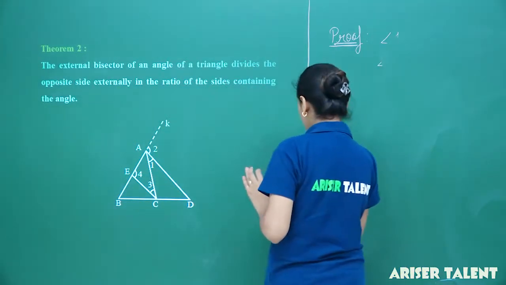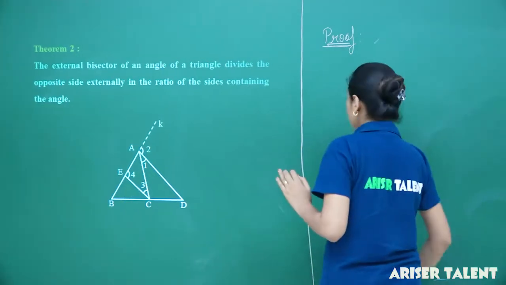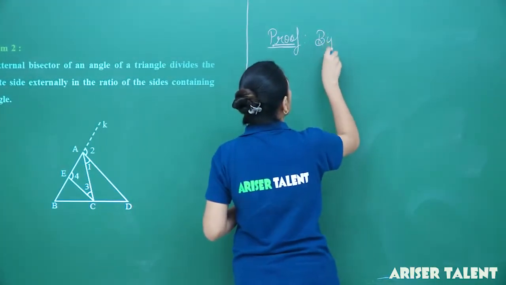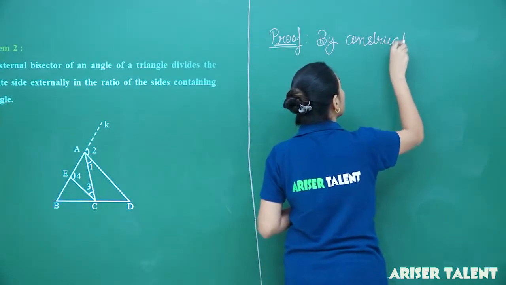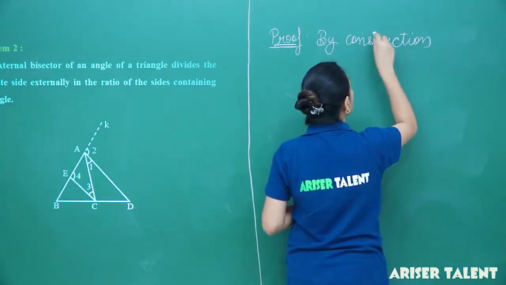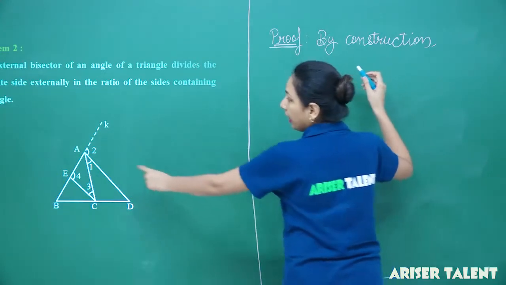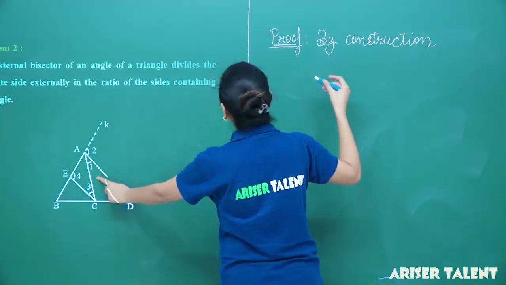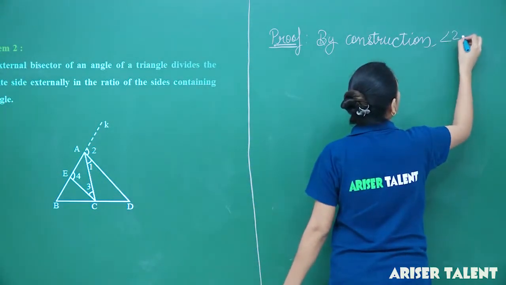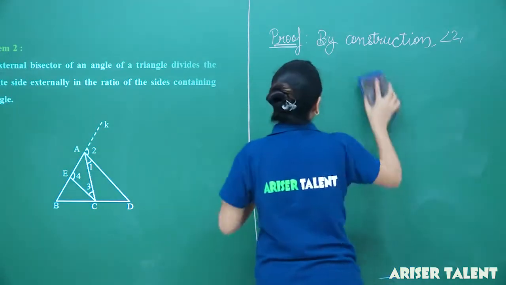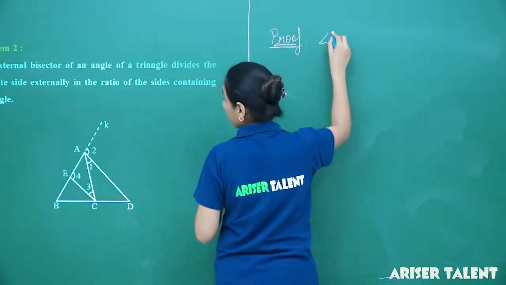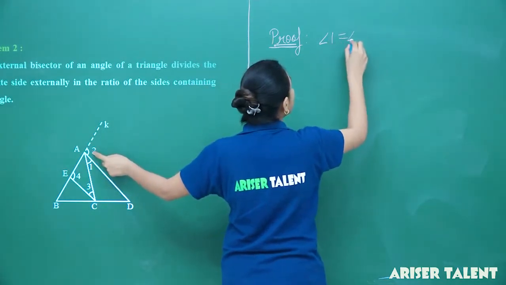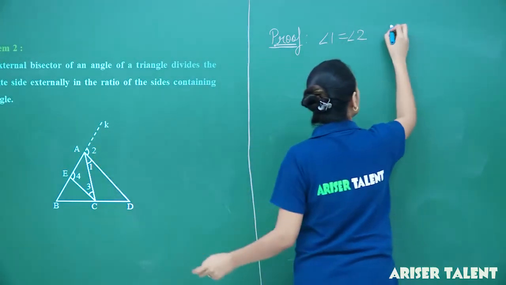Now, we will start work on this. Now, students, by construction, what we are having, angle 2 equals to angle 1. No, this is not by construction students, actually angle 1 equals to angle 2 by what?